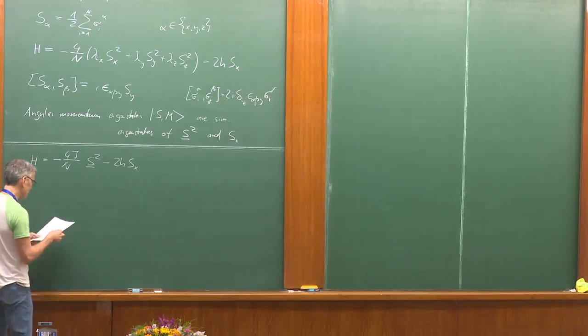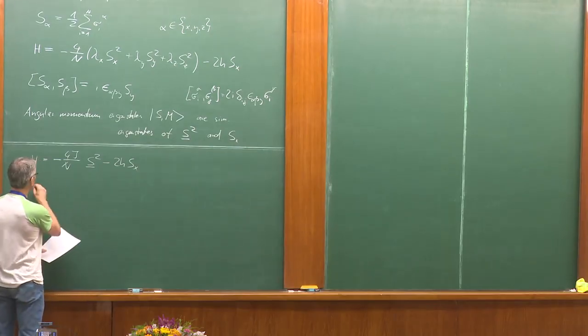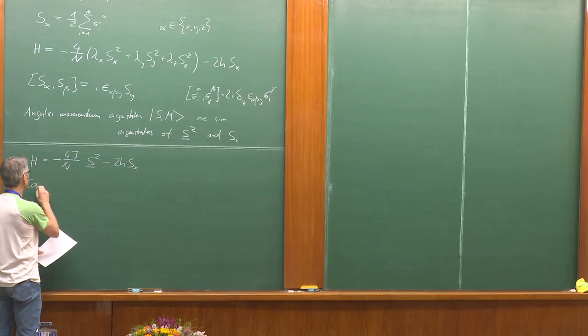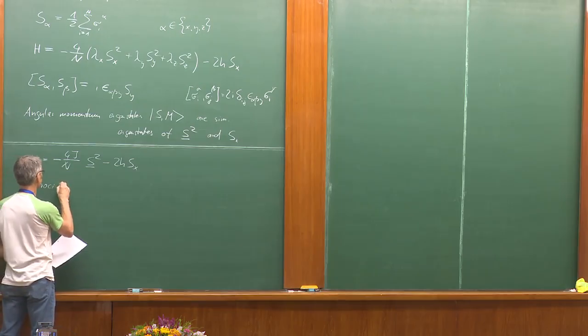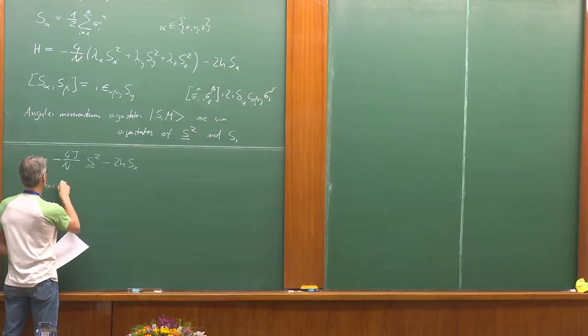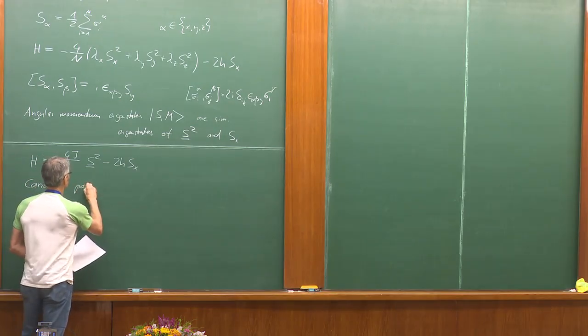And what is the calculation? I would like to calculate the central quantity of equilibrium statistical physics, so the canonical partition function.